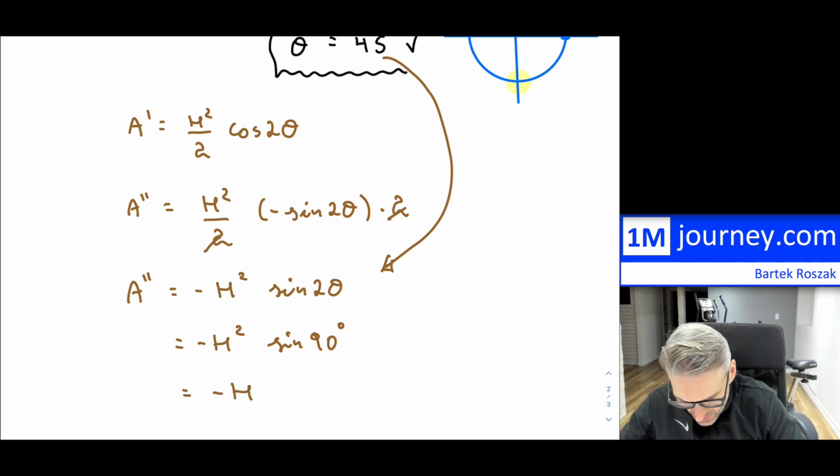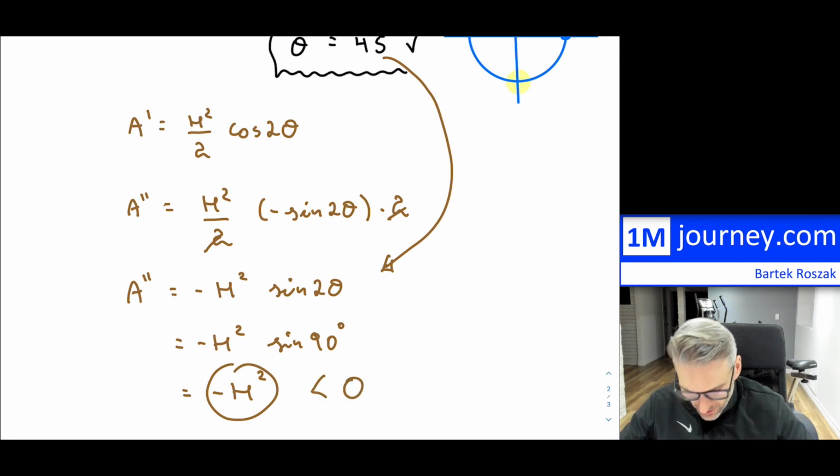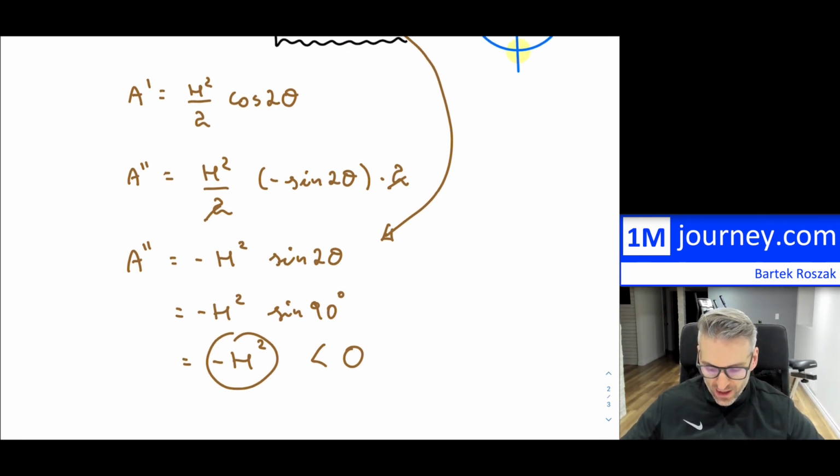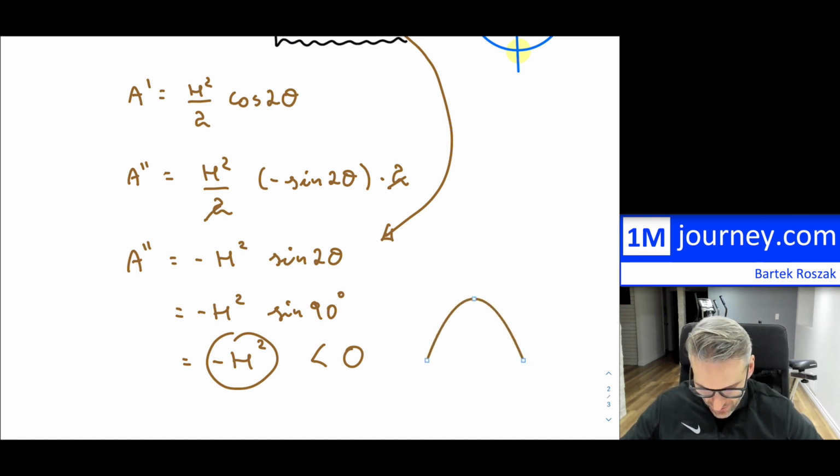So this equals negative h squared, which is always less than 0, because the height of the ladder, we're assuming, is not 0. It's some positive value, and then it's squared. So this is always negative, which means it must be concave down, and that is a maximum at 45 degrees.